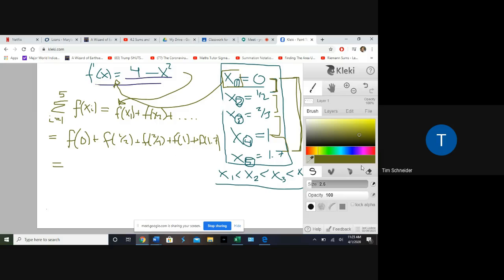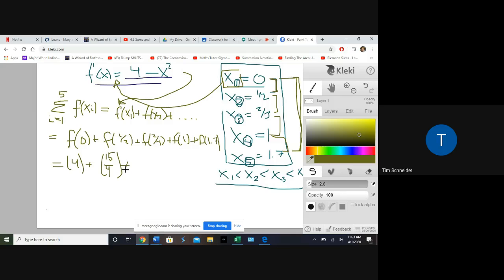And there we go. That's not all that bad. We are going to get 4 minus 0 squared, which is 4, plus, and I'm kind of cheating here and actually doing the thing, a half squared is a fourth. 4 minus a fourth is 15 fourths.